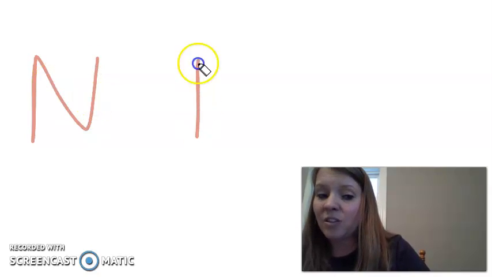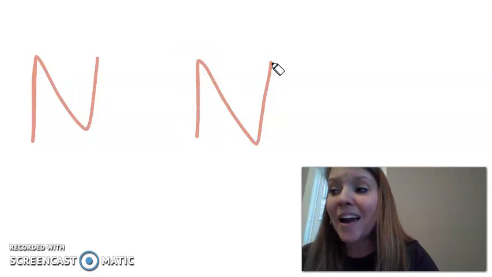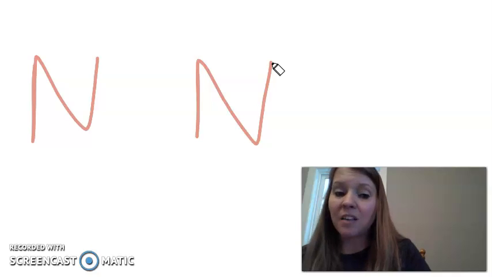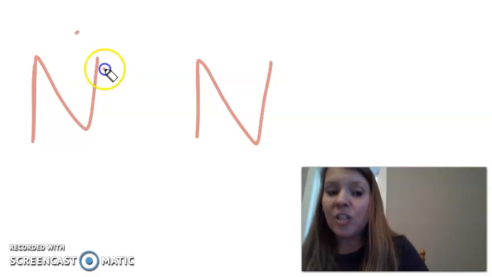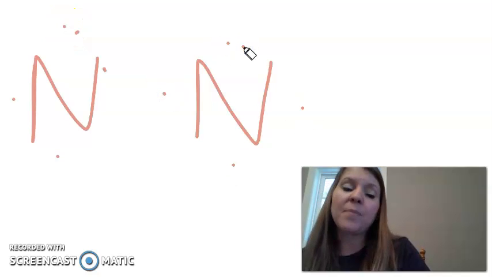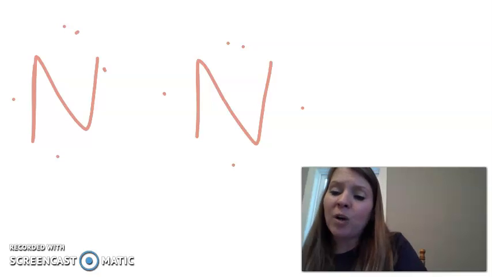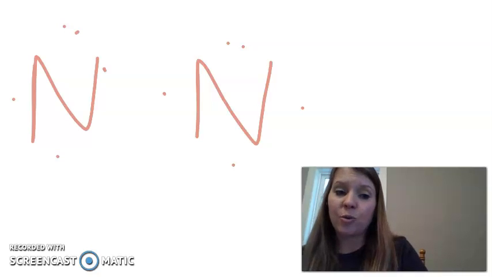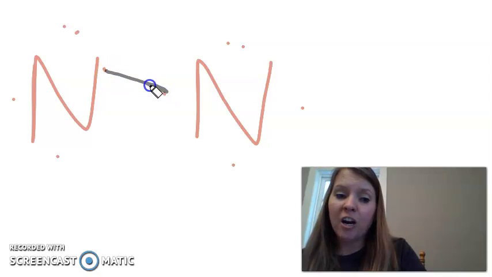Okay, and it's going to be N2. Now remember, nitrogen's diatomic, okay? So that means it's going to be 2, and nitrogen has 5 valence electrons: 1, 2, 3, 4, 5. Okay? Remember, nitrogen wants 8, so he's short 3. Well, guess what? Both of these nitrogens are short 3. So we're going to share here.